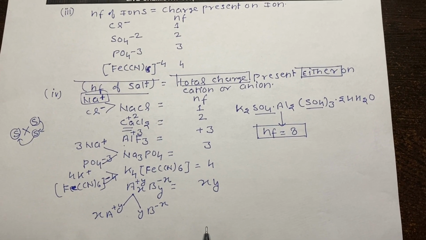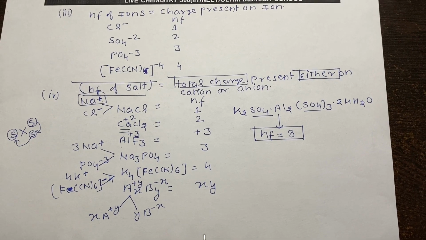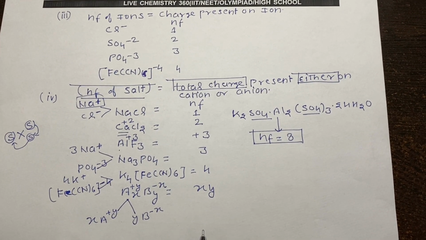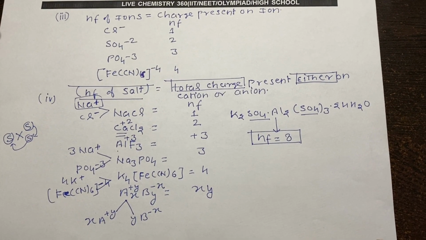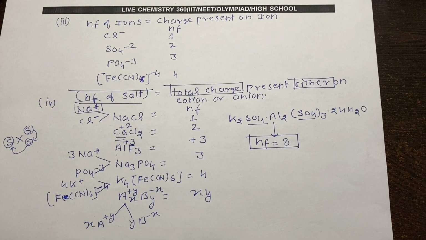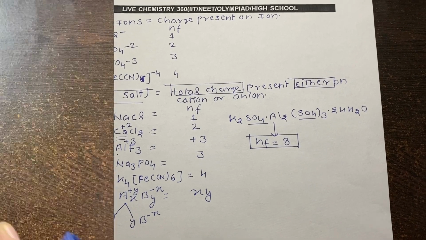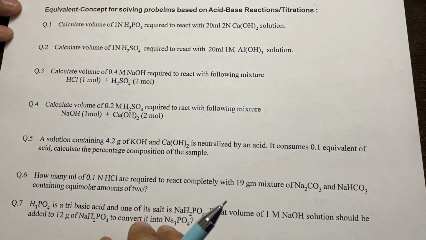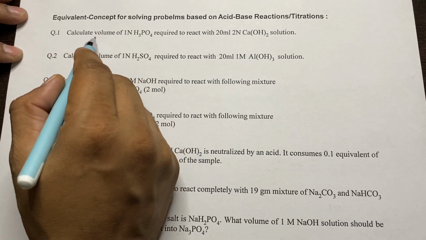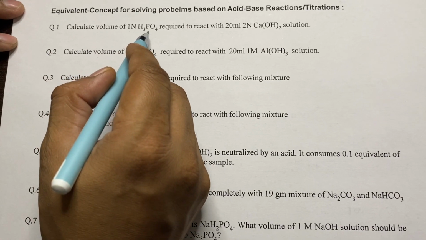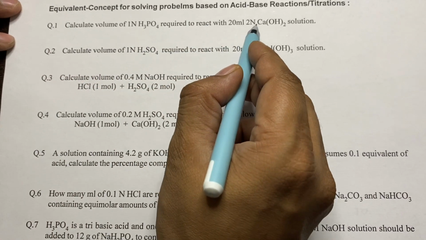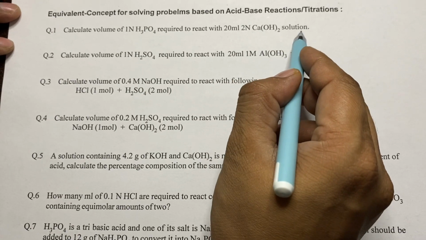Now how we can use the equivalent concept to solve the acid base problem and problems related to acid base reaction or titration without balancing the reaction. We can start. So let's take the first example in which it is given to calculate the volume of 1 N H3PO4 required to react with 20 ml of 2 N Ca(OH)2 solution.